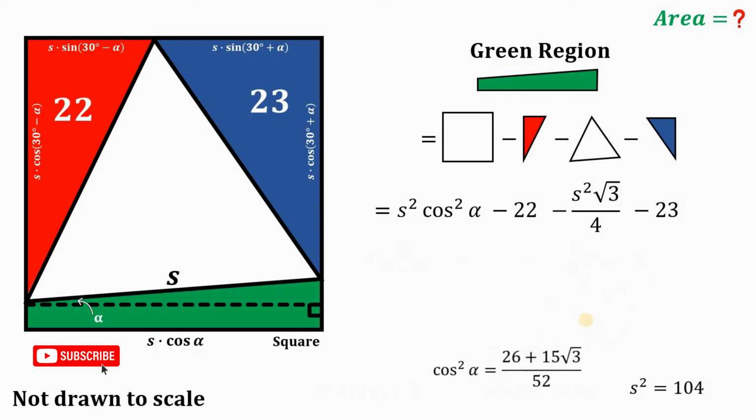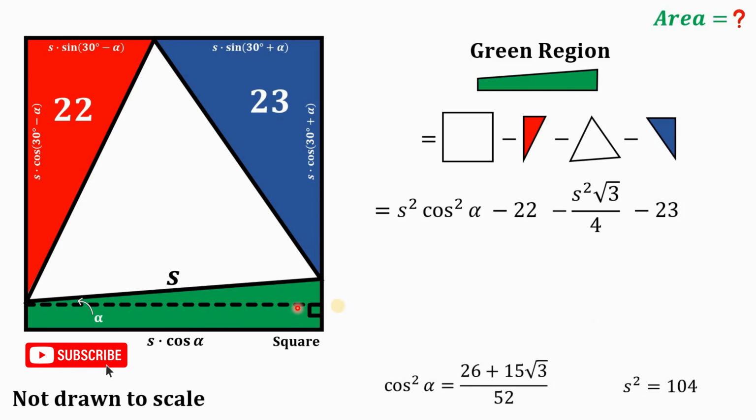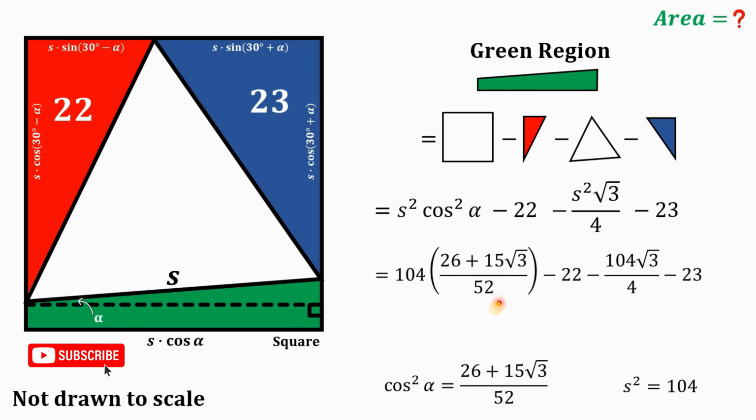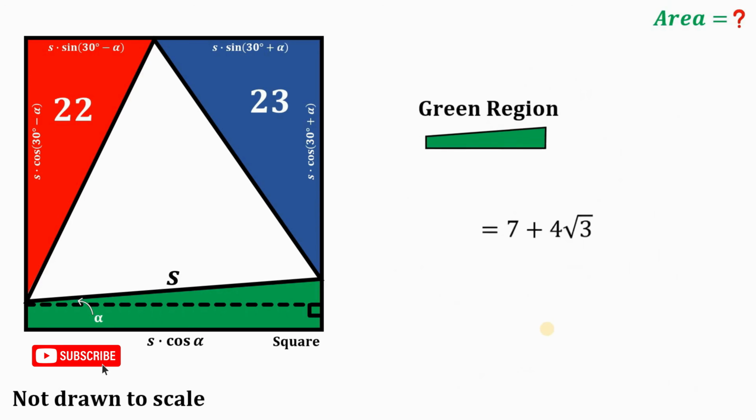Now, we can have the area of the green shaded region because we now know s squared and we now know cosine squared alpha. Plug in all those values and if we simplify this, the area of the green region is simply equal to 7 plus 4 times square root of 3 square units. And that is the answer to this question.